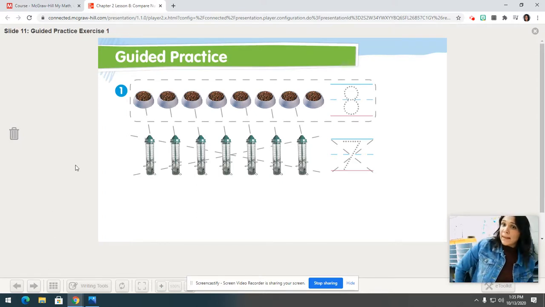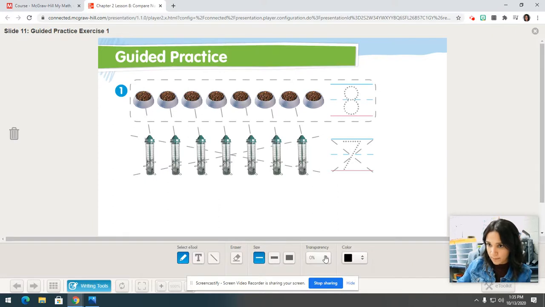Okay, in my next picture, it looks like a dog bowl because there's dog food in it, and maybe a bird cage. What we're going to do is count how many we see. Help me count how many dog bowls we see.